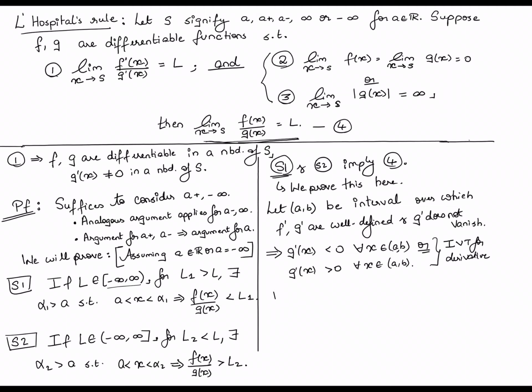Okay, so again, without loss of generality, we assume that the derivative is negative. Why without loss of generality? Well, if not, just multiply both f and g by minus 1 and then you would end up having this. So this is basically a without loss of generality assumption. Now, what does it mean to say that g prime of x is negative over this entire interval? That means that g is strictly decreasing.